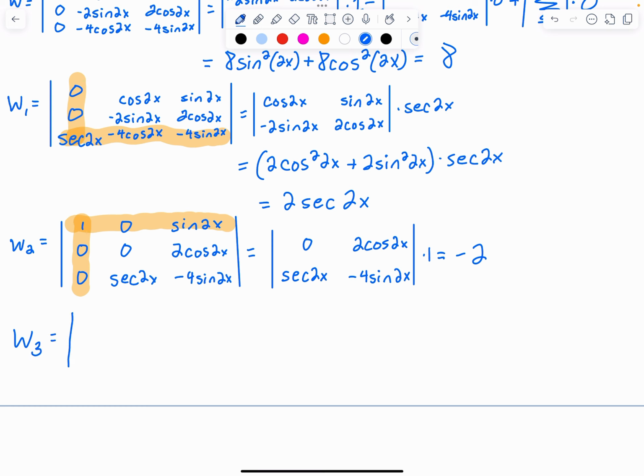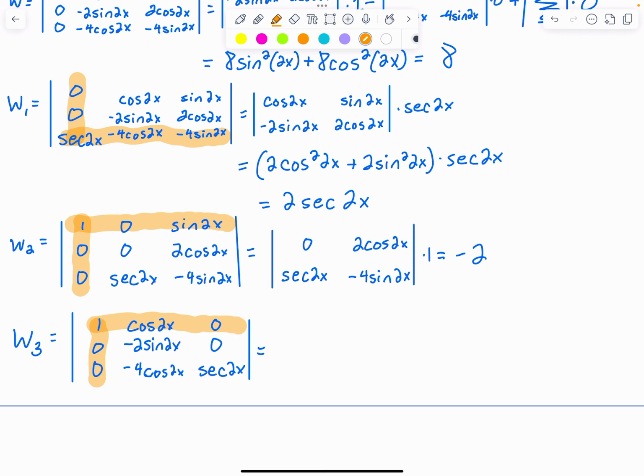W3. Okay, I keep it 1, 0, 0. Keep the middle column, so we're keeping the first and middle, and then I'm going to replace the last with 0, 0, secant 2x. Again, the same argument can be made.